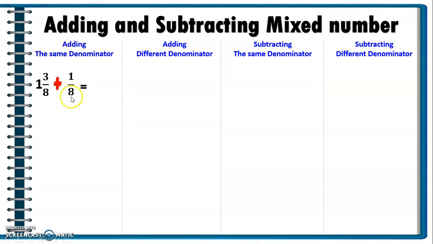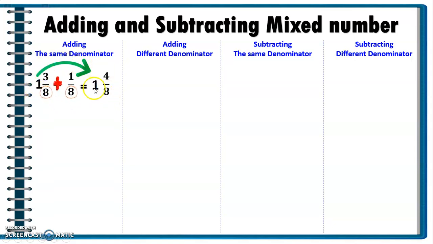So for example, we have here mixed numbers and fractions, 1 and 3 over 8 plus 1 over 8. So they have the same denominator, which is 8. Very good. Then put the number 1, the whole number, because there is no whole number to add, right?